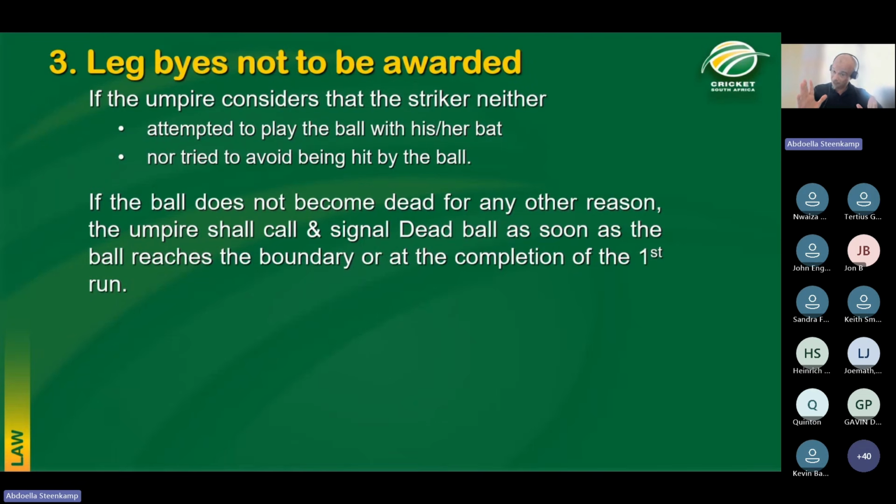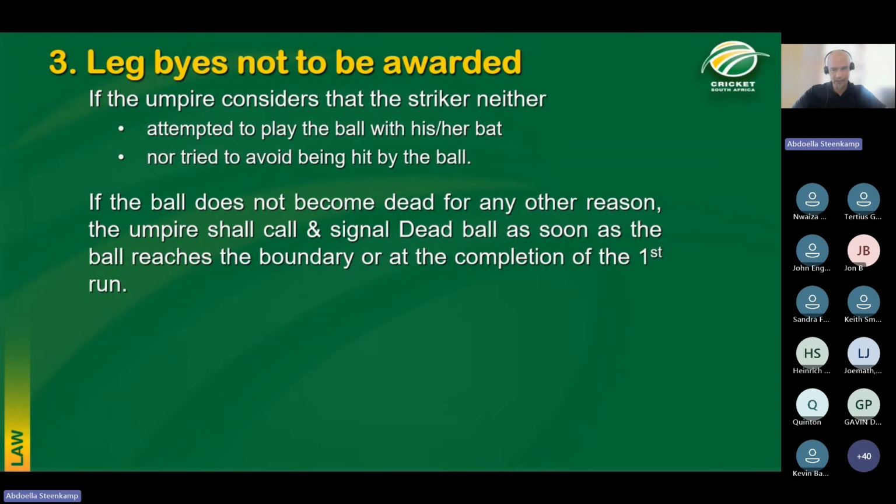But there's a window period for the fielding side to run out the batters. And that window period closes when the first run is completed, when the non-striker gets to behind the striker's end and the striker gets to behind the popping crease at the non-striker's end. So only then do you as an umpire intervene. Let them complete that first run, or as soon as the ball goes over the boundary, now you come in and call and signal dead ball.